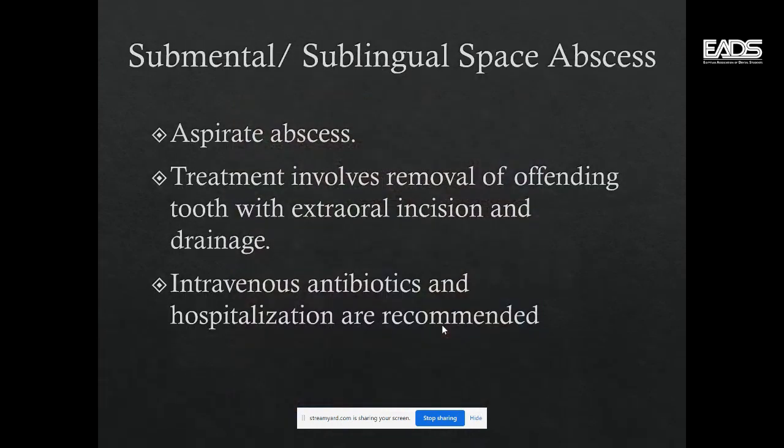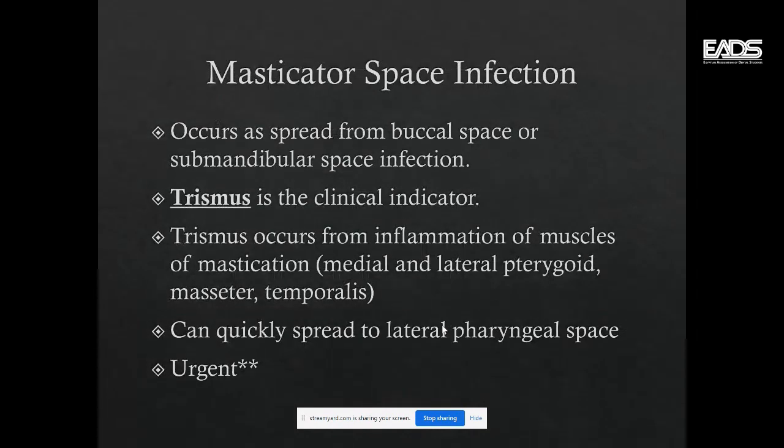So how do we treat this? We aspirate the abscess. Treatment involves the removal of the offending tooth with external incision and drainage. Intravenous antibiotics and hospitalization are recommended. As for the masticator space infection, it occurs as a spread from a buccal space or submandibular space infection. These usually cause trismus, and trismus occurs from the inflammation of the muscles of mastication.